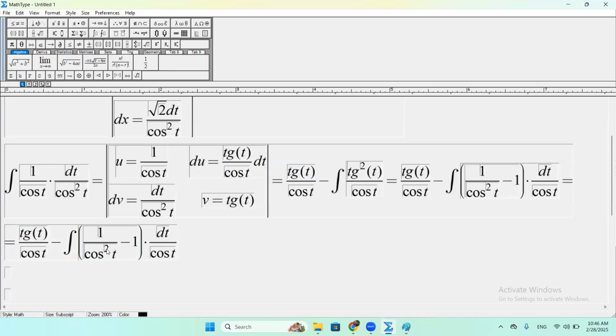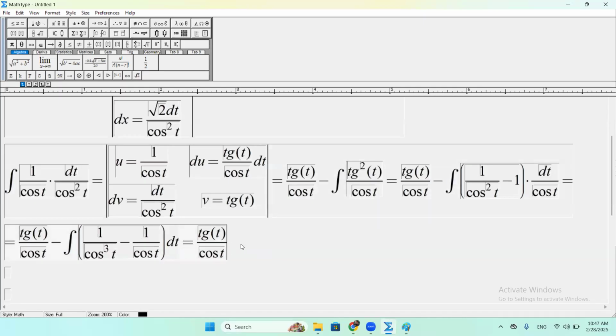So here we have cosine square, so cosine cube, and minus 1 over cosine t, yeah, and dt. Let me also expand these brackets on the integral, and you will see something interesting, or you already see it.